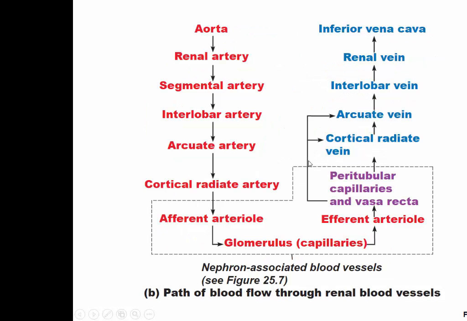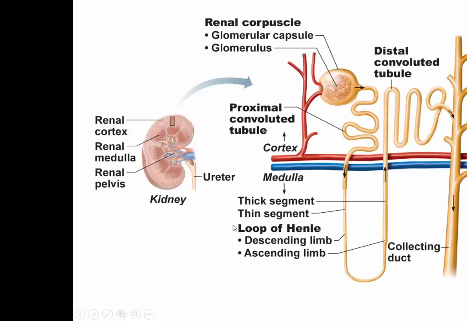And then if we look at how the branching goes in terms of blood supply, we have fresh blood leaving the heart through the aorta, like I said, entering the renal artery, then the segmental artery, interlobar, arcuate, cortical radiate. And then there's this exchange between artery and vein, which occurs in the glomerulus. So to understand this exchange here, where we go from oxygenated blood to deoxygenated, you have to understand the glomerulus. So we'll look at that next.